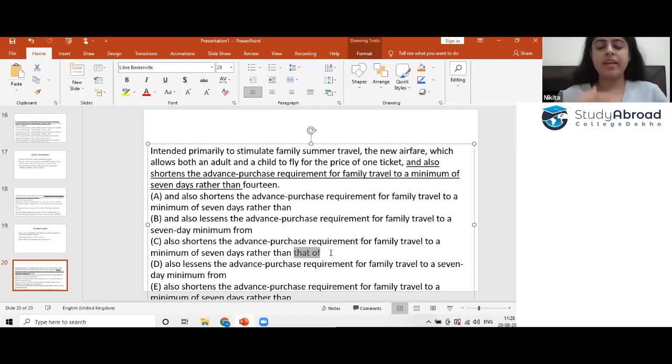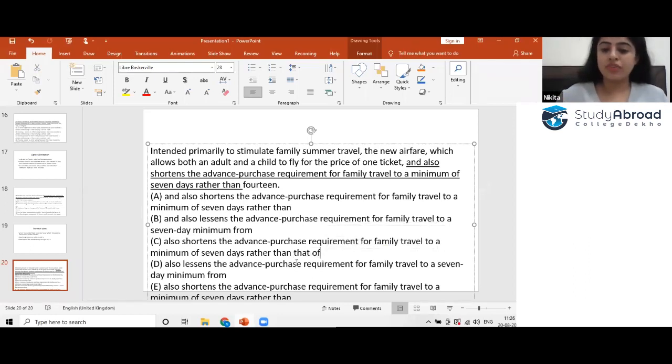Let us plug the information into the actual question and see whether that of is required at all or not. It says, intended primarily to stimulate family summer travel, the new airfare also shortens the advance purchase requirement for family travel to a minimum of 7 days rather than 14.